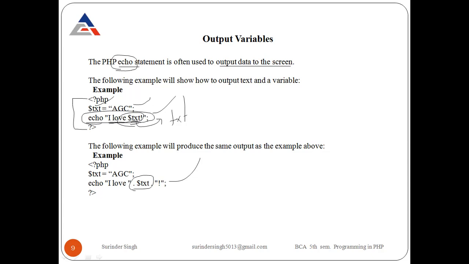If you do not enclose the variable in double quotes, then you have to use the dot operator for concatenation. Like in Java you use the plus symbol for concatenation, here the dot operator is used for concatenation.